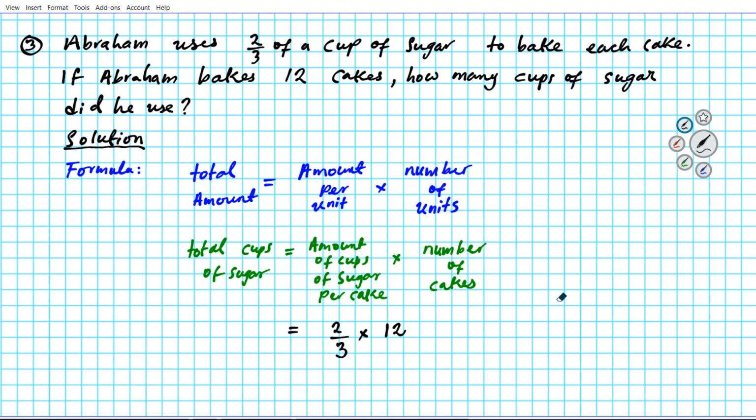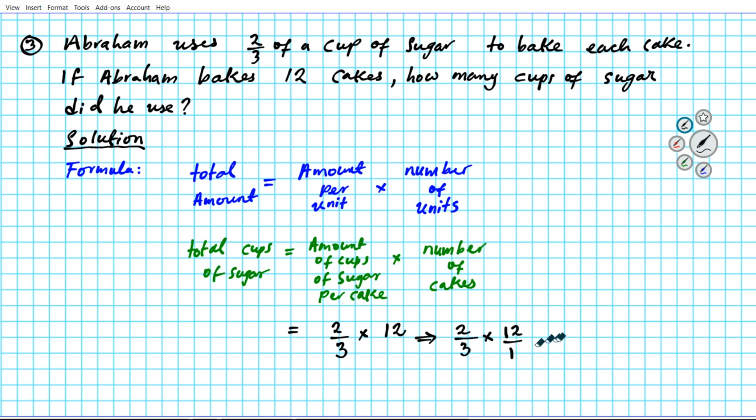Okay, so let's multiply this. We have a fraction multiplied by a whole number. Remember what we did in question 2. We talked about the fact that all whole numbers are fractions. So we're going to write the whole number 12 in fraction form. What is it? 12/1. Excellent.